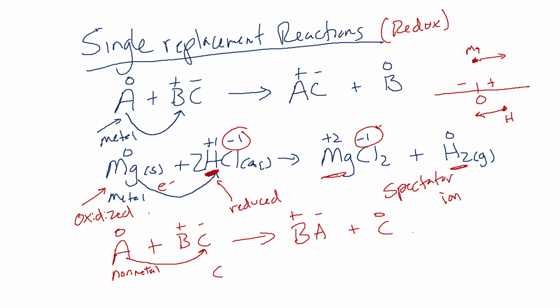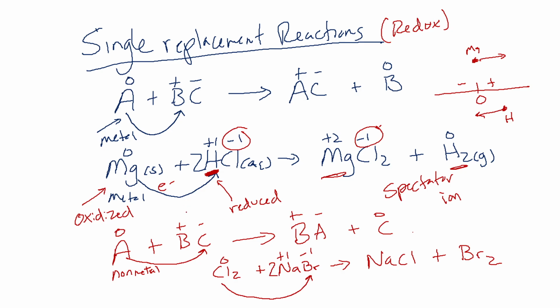So if we take something like chlorine and react it with sodium bromide, chlorine, no charge, sodium bromide comes in, +1, -1, ionic compound. Chlorine is going to come in and kick out the bromine here, and will make sodium chloride. And the bromine will come out in its natural form over here.